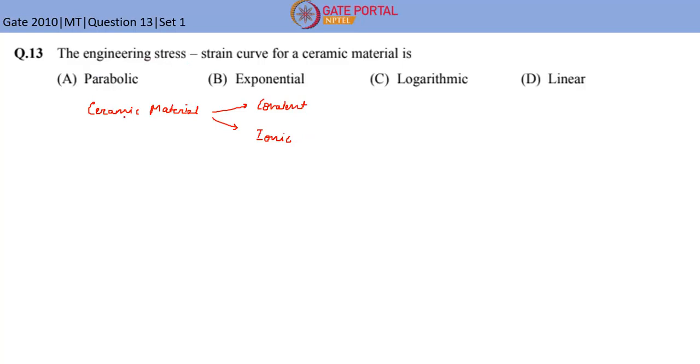Hence, ceramic material is classified in terms of bonding as covalently bonded ceramic or ionically bonded ceramic. Because of this, as the bond is directional, and in ionic ceramics ions are present, dislocations are very rare in these materials.